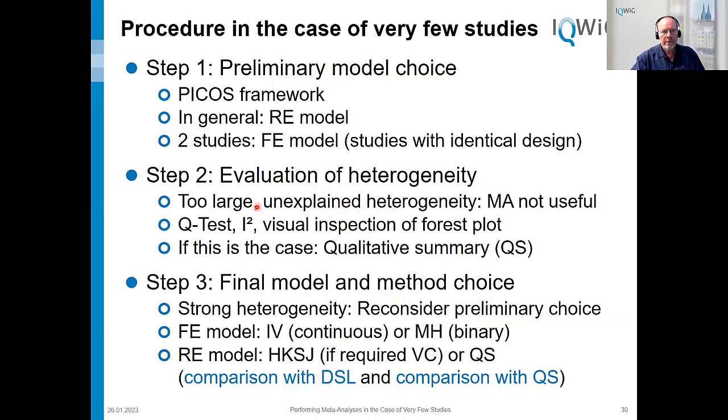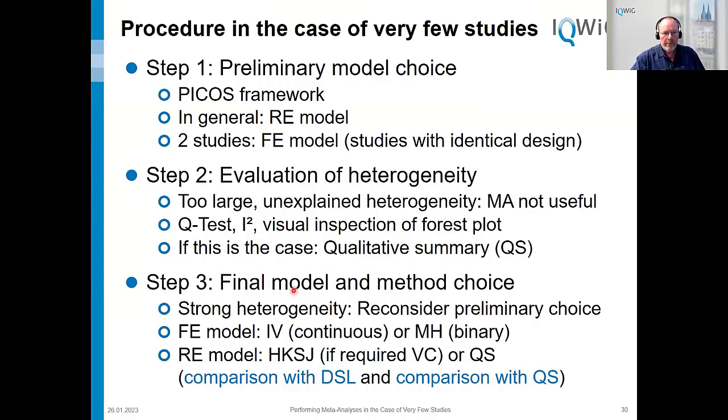And if this is too large, then quantitative meta-analysis is not useful. And in this case, we perform a qualitative summary of study results by means of the concept of conclusive effects. For the evaluation of heterogeneity, we use the Q-test, I-square, and the visual inspection of the forest plot.